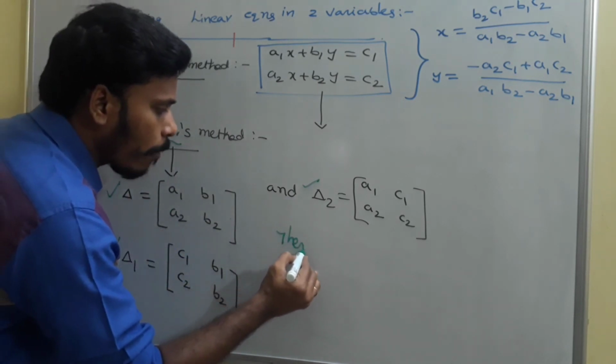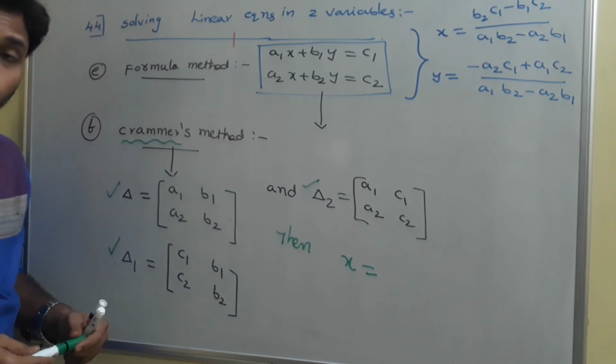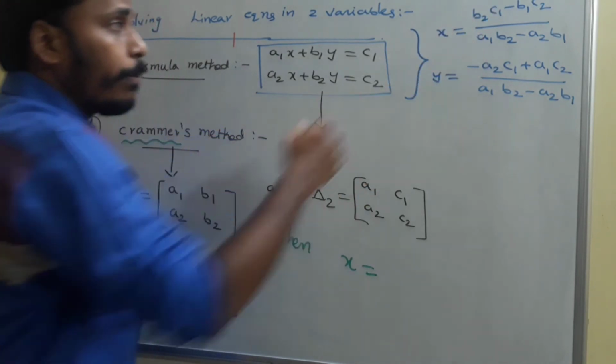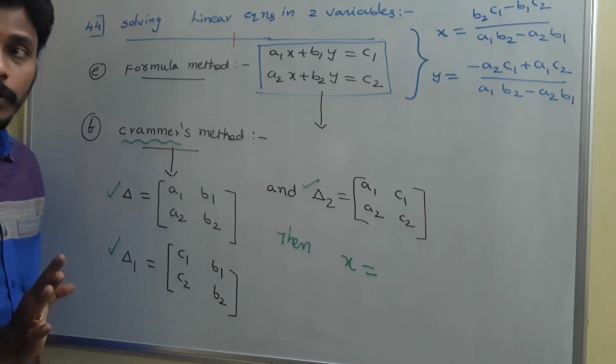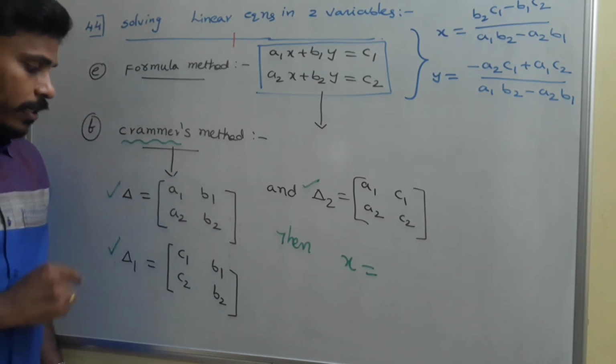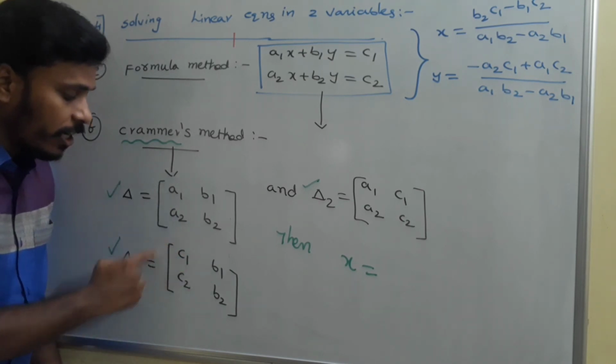Then by Cramer's method, what do we say about the value of x? In the formula method we found it like this: b2 c1 minus b1 c2 by a1 b2 minus a2 b1. Think about the numerator: b2 c1 minus b1 c2 is simply the determinant of delta 1.